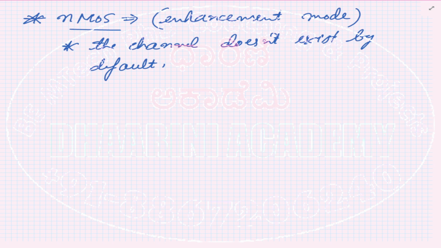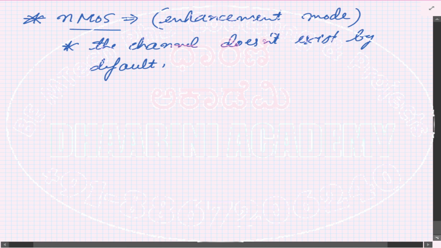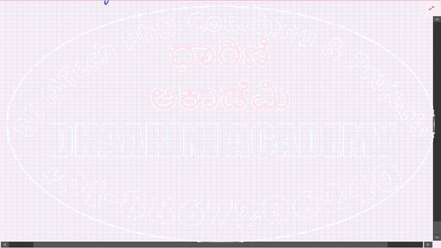By just applying the voltages, you can see the channels coming into the picture. If that is the specific way of representing a device, then that type of MOSFET is called an N MOSFET. Now we define some voltages here.